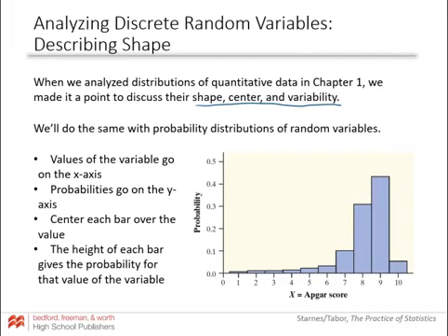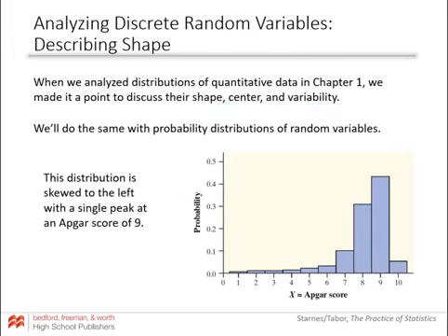The possibilities are something between 1 and 10, and then the probability is on the y-axis. So the probability of having an APGAR score of 8 is somewhere around 0.3. Notice that the bars are centered over each value. It makes it clear that it's not between 1 and 2, it is actually the value 2.